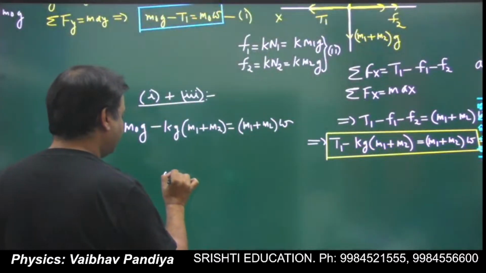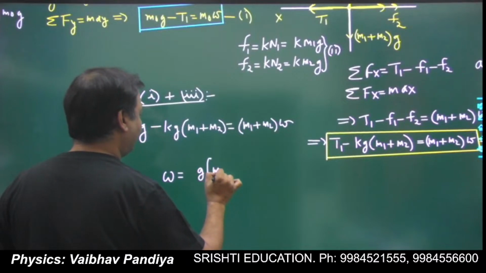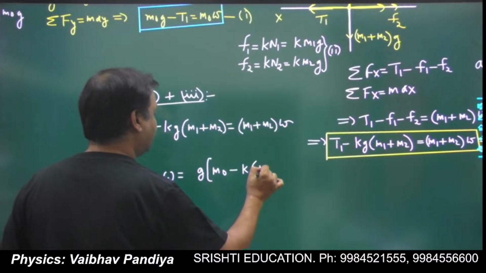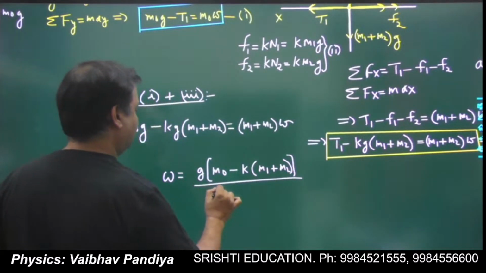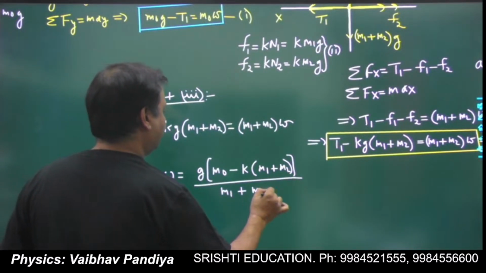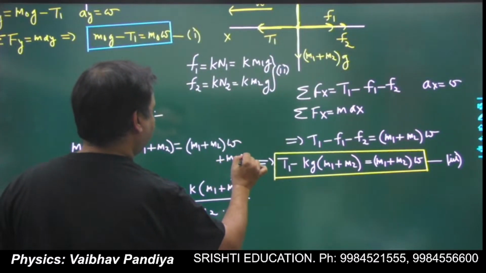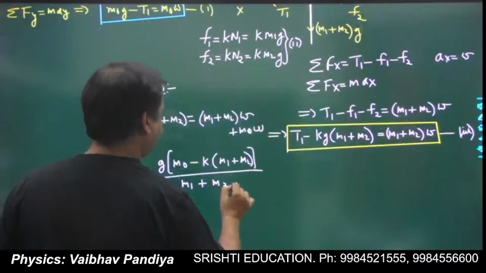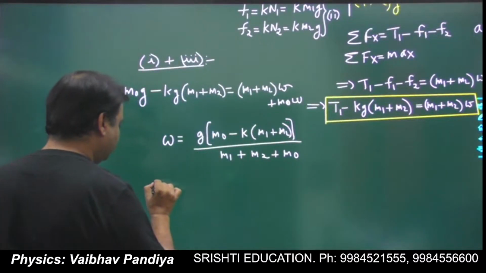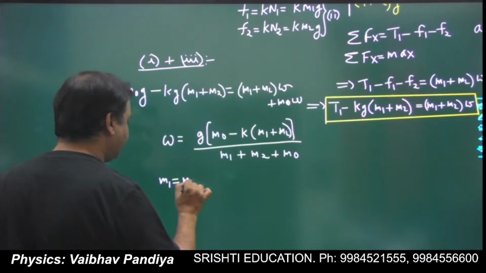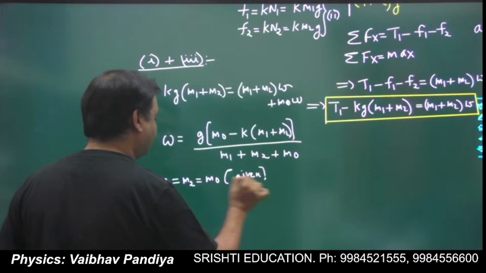So when you make W the subject, you can take g common, and you will get (m naught minus k (m1 plus m2)) divided by (m1 plus m2), and there is also plus m naught W, that is from equation number 1 RHS, so plus m naught. So this is the value of W, and in this problem it is given m1 is equal to m2 is equal to m naught. All the three masses are equal for this problem.